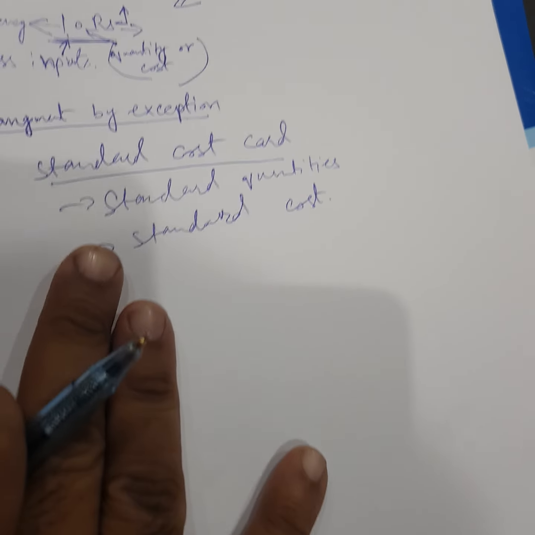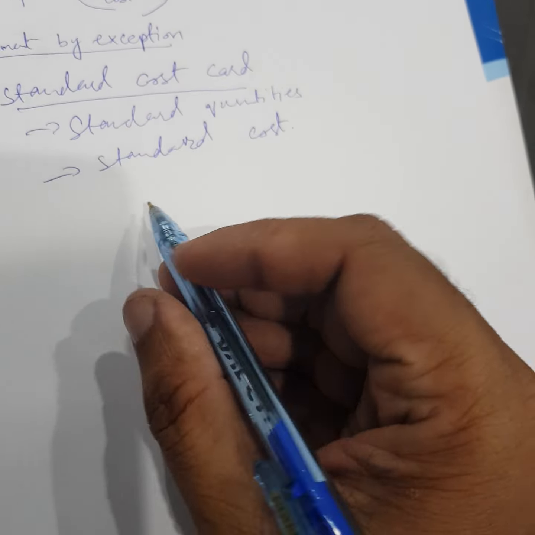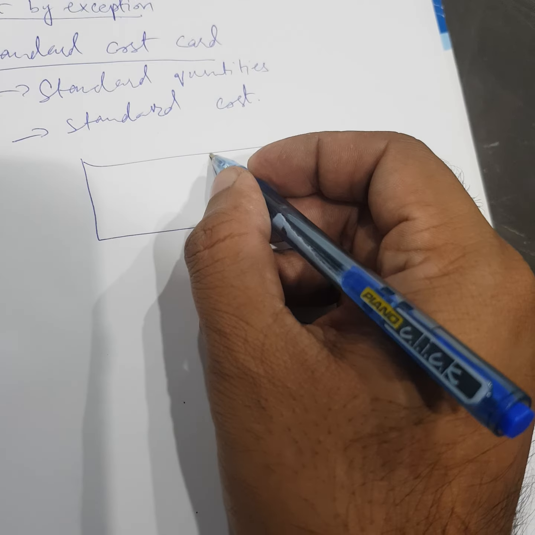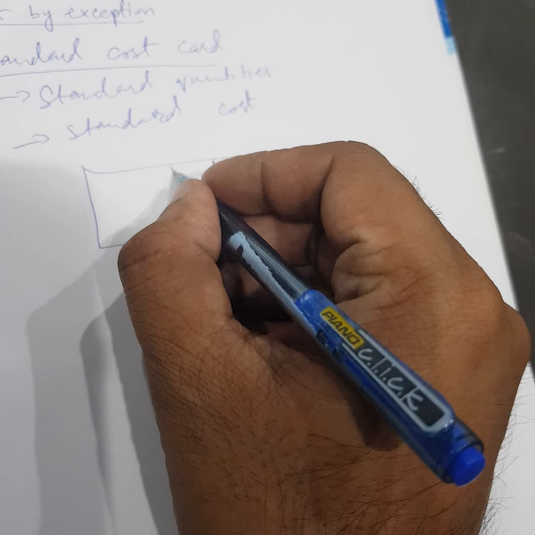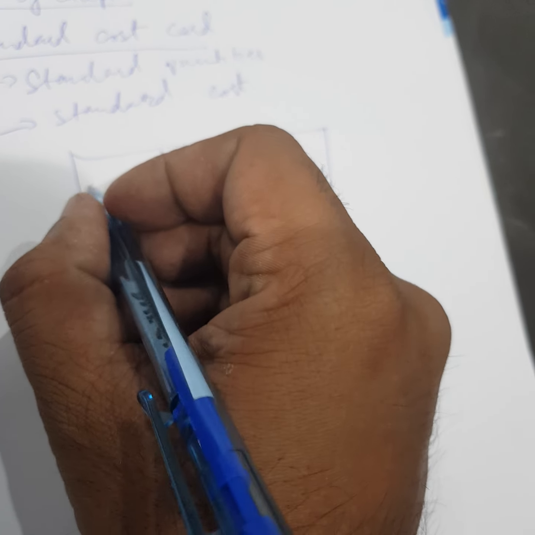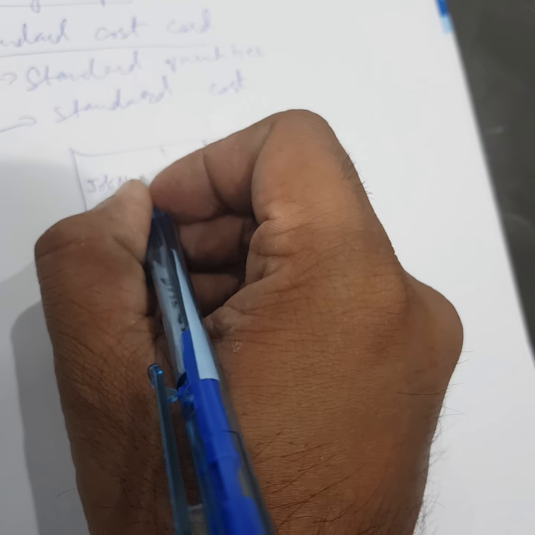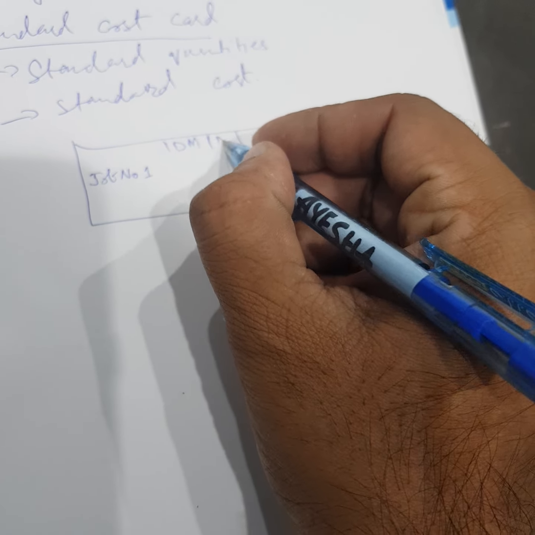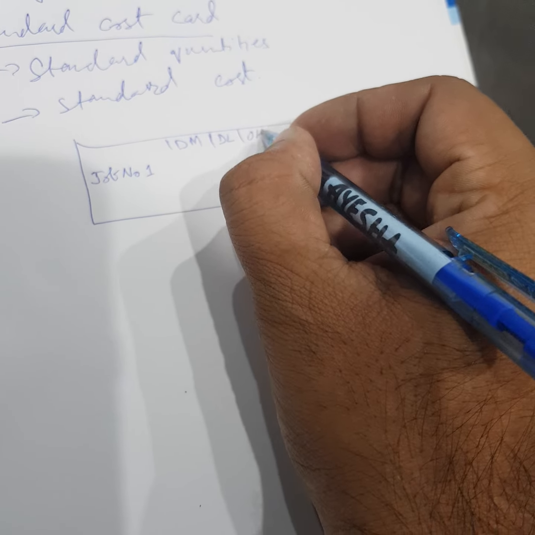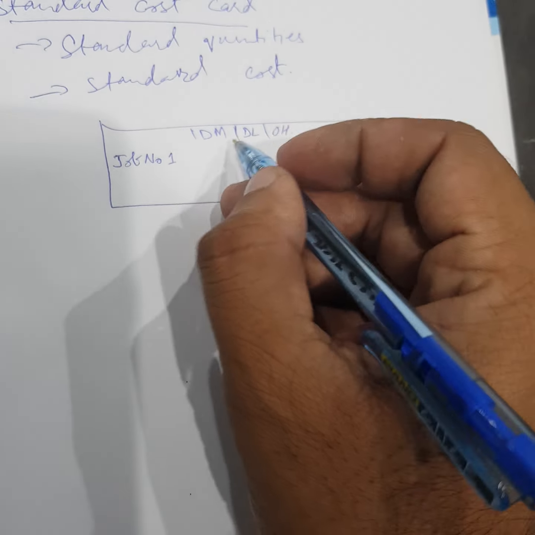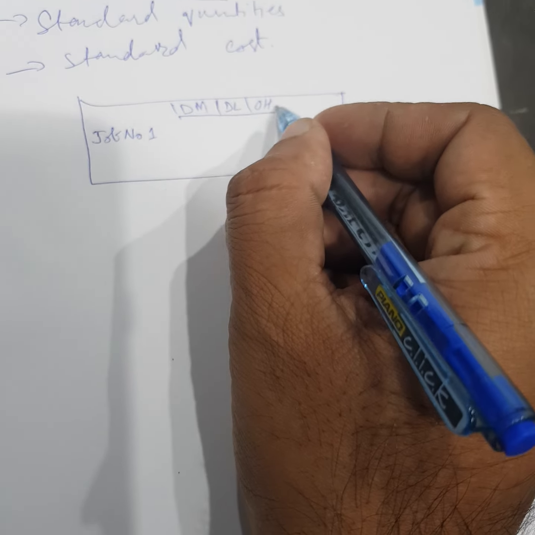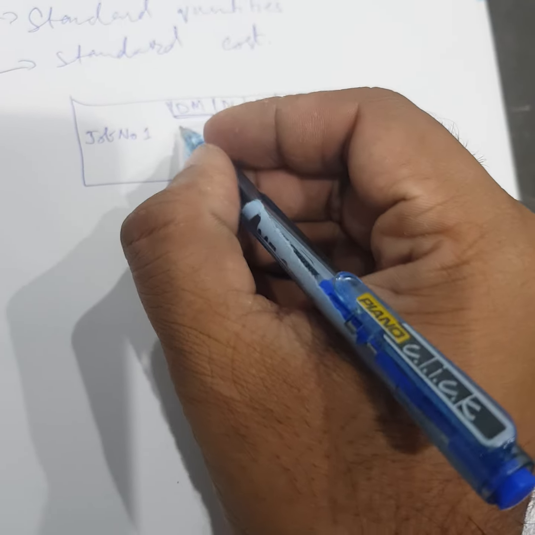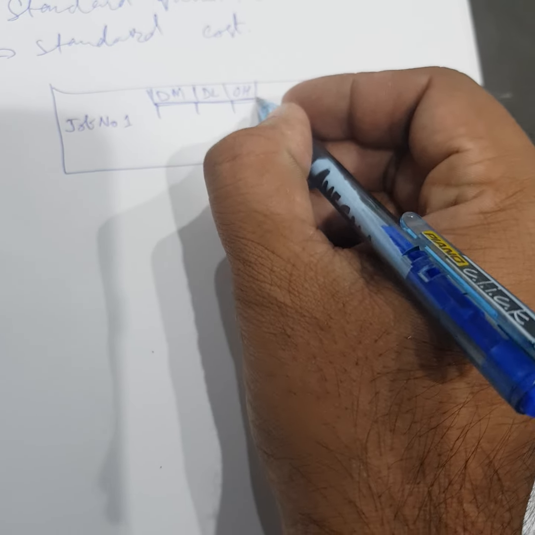If you remember the concept of job costing, there was a total job cost sheet with heads. Like if we are going to perform job number 1, direct material cost was written separately, direct labor cost separately, and overhead cost separately. But to set standards for these types of activities or raw material, we set a standard per unit cost.